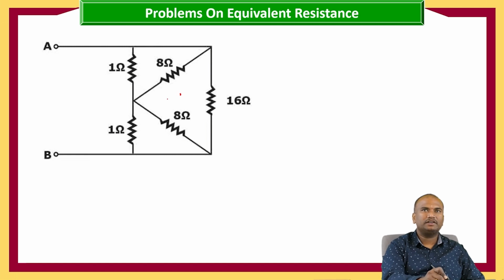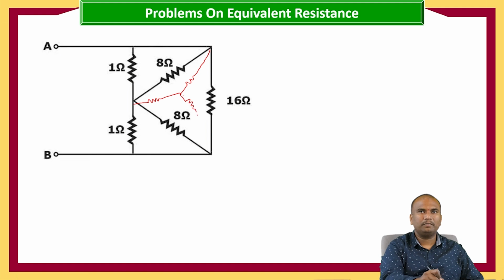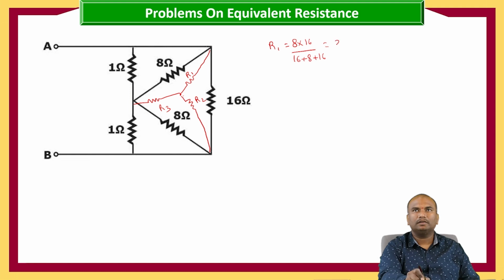So for star conversion, first we need to take the resistors between the three nodes of the delta, that is R1, R2, R3. So here the R1 is equals to 8 into 16 by 16 plus 8 plus 16, which is equal to 3.2 ohms.